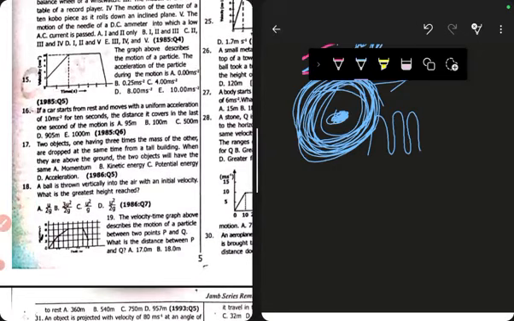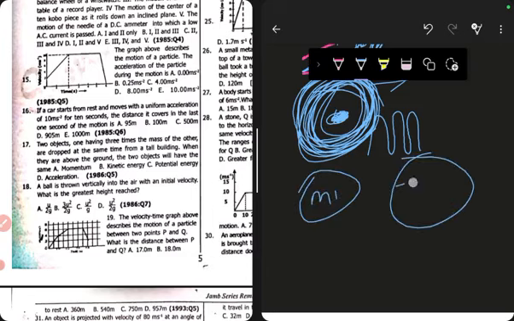Okay, now let's look at question 17. Question 17 says that two objects, one having 3 times the mass of the other. So this is object 1 of mass M1, and this is object 2, which is 3 times object 1. They are dropped at the same time from a tall building.